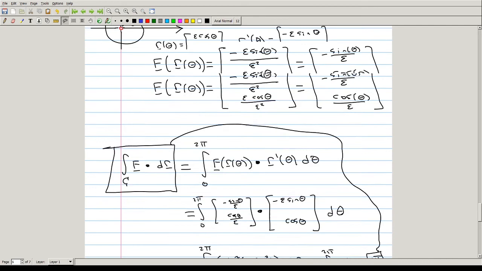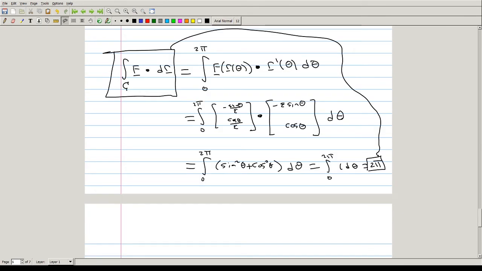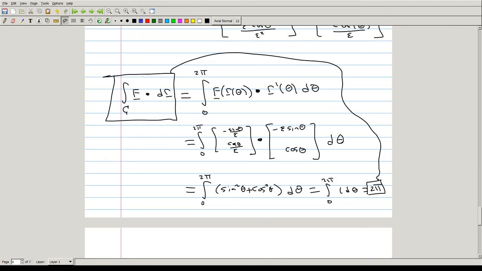This shows us that this vector field f cannot be conservative on the indicated domain, because we found a closed path, and I held off from mentioning this because I wanted you to think about it, but this path C is a closed path. Right? It's the circle of radius epsilon, which is a closed path.